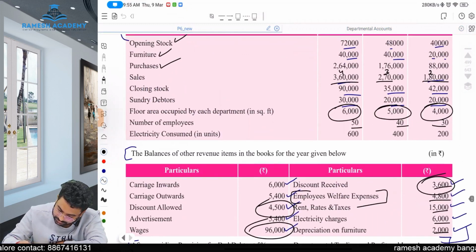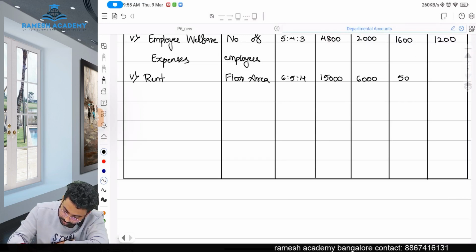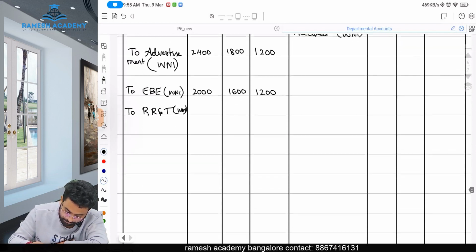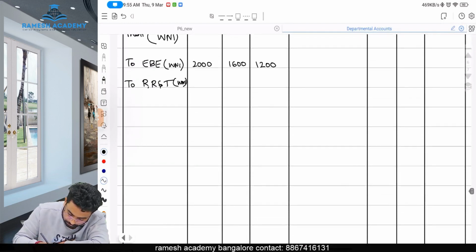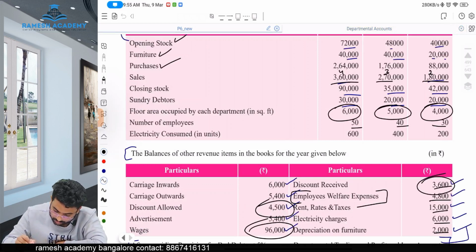Rent, rates and taxes 15,000. Pretty simple then. 6,000, 5,000, 4,000. Okay, done.